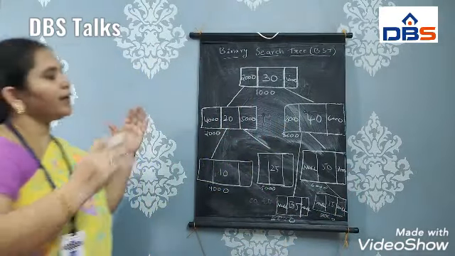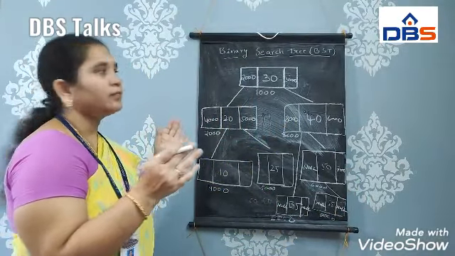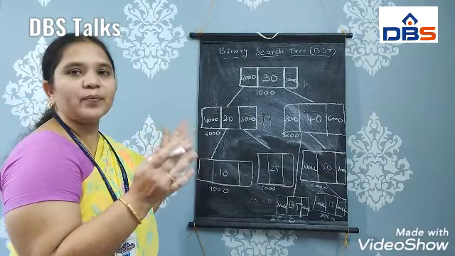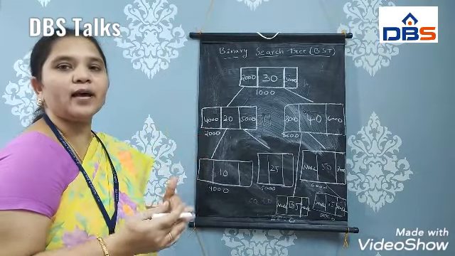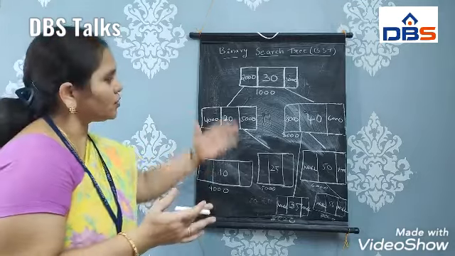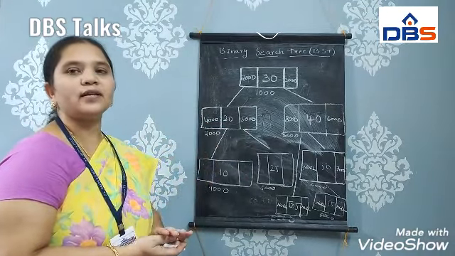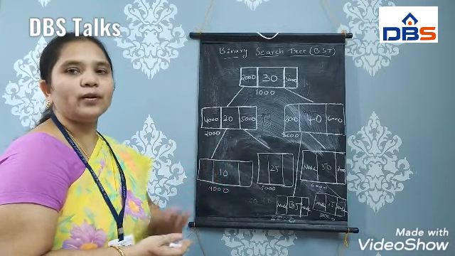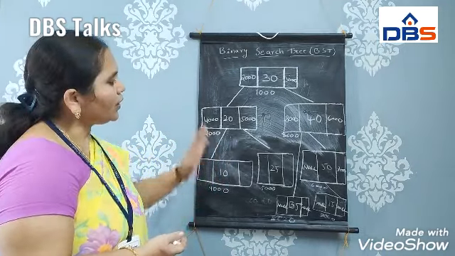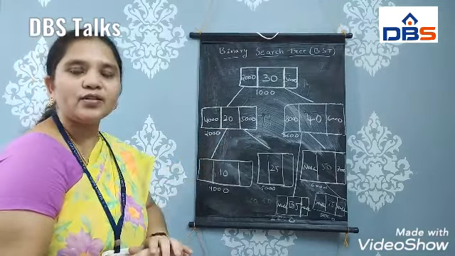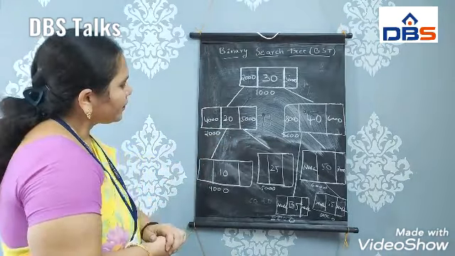Okay, this is the entire node structure representation of the previous example of a binary search tree. Hope you understood this representation of a binary search tree with a node representation.